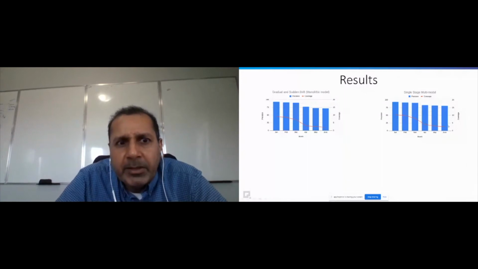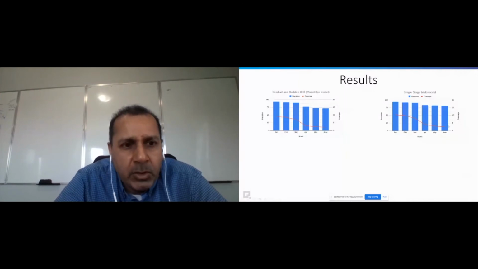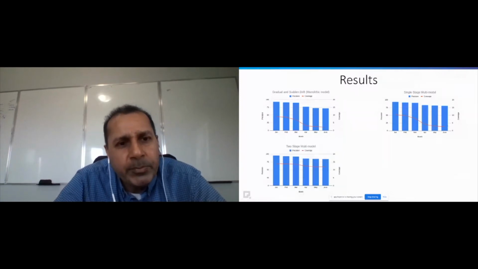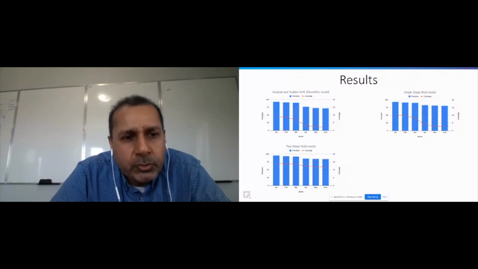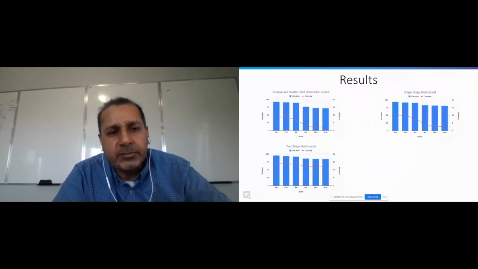Then we came back and said, instead of a single stage model, what we espoused was that you want to do some outlier handling and help each one of these multiple models by cleaning up and refining the data through outlier removal applied as weights.